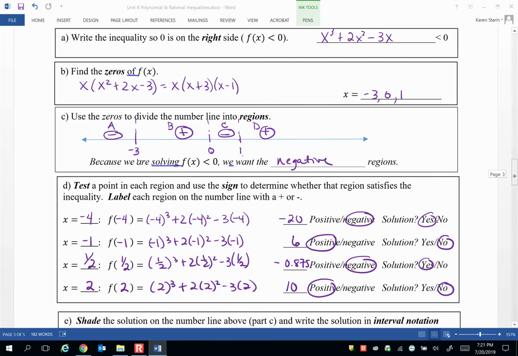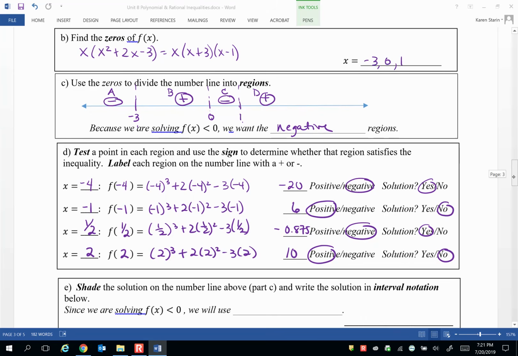Now, shade the solution on the number line above. So I just like to say to myself, well, I have all of this on and on and on towards negative infinity, and I have between 0 and 1. So that's going to be parentheses. This is also going to be a parenthesis, and of course infinity or negative infinity is all parentheses.